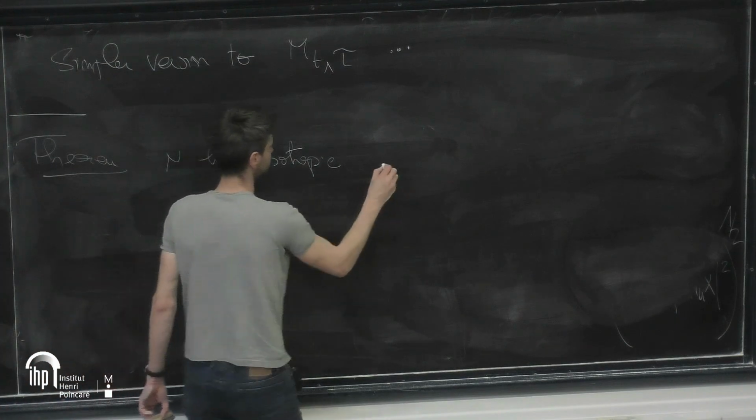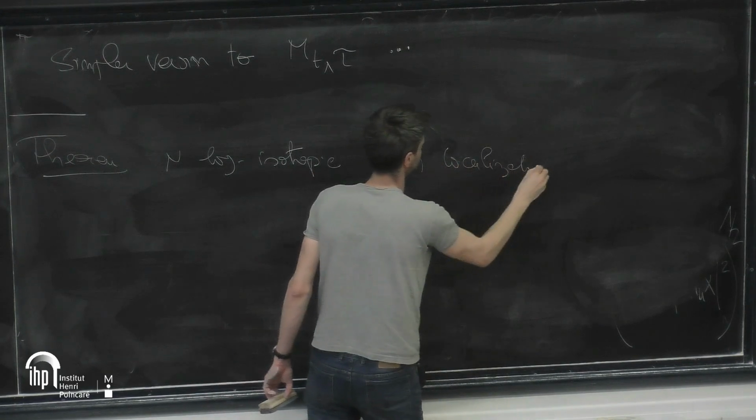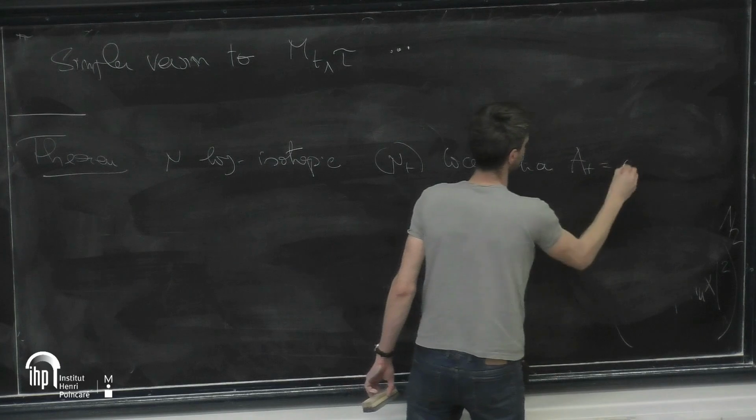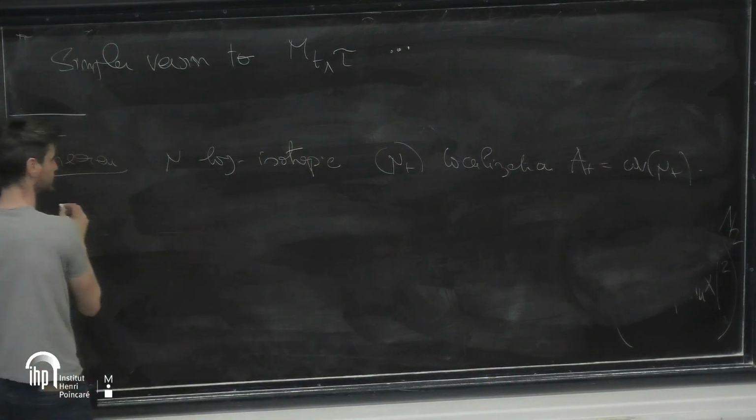mu t is the localization and AT is the covariance of mu t. Now the statement is the following.